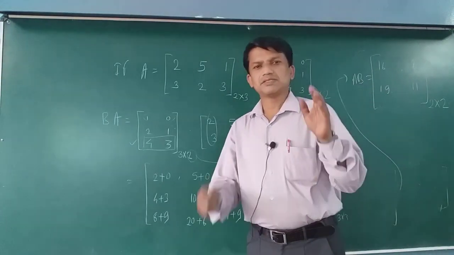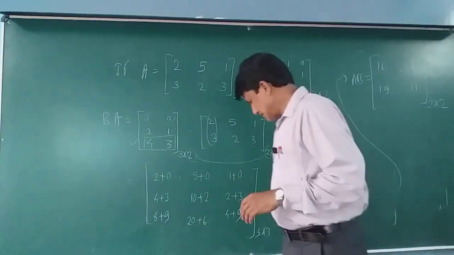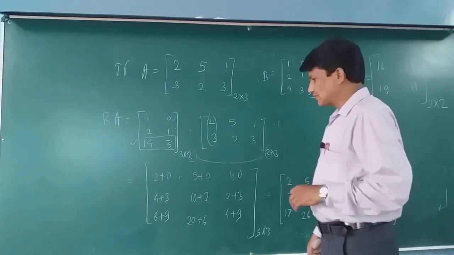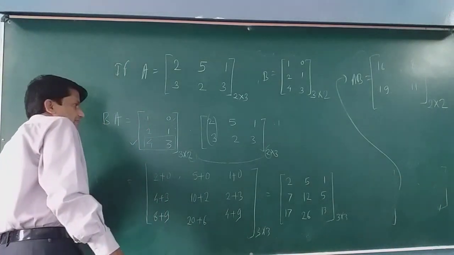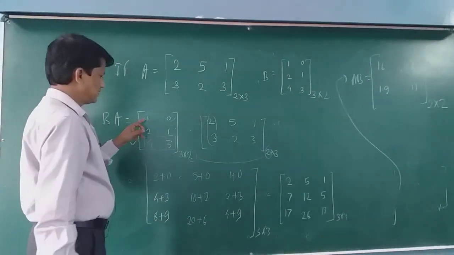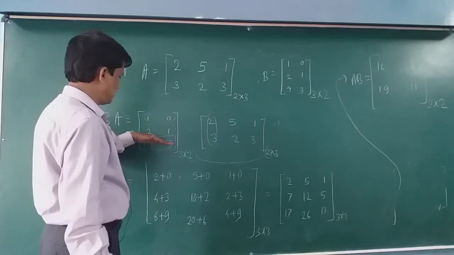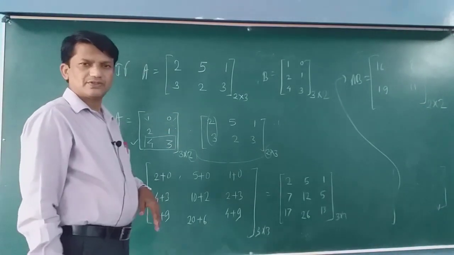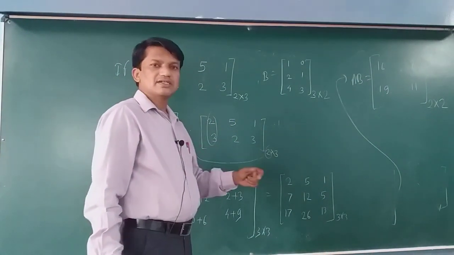Okay, this is simply how to multiply. So look here, this is row number first, row number second, row number third. Column number 1, column number 2, column number 3. What is our rule?